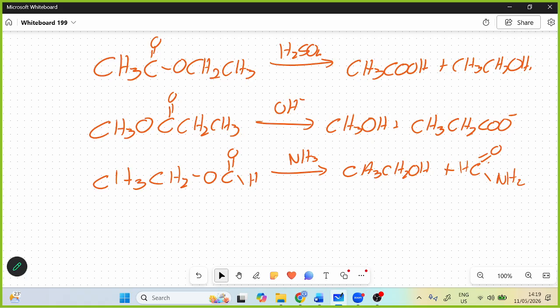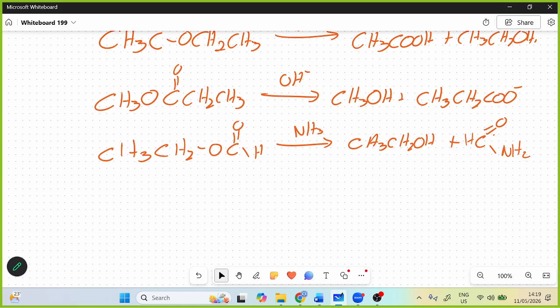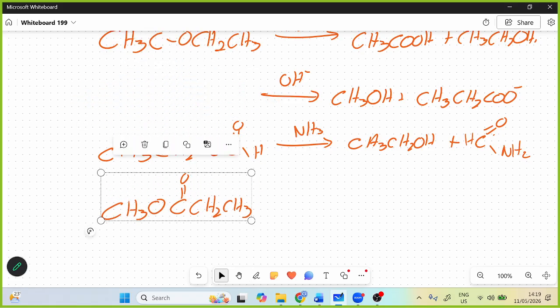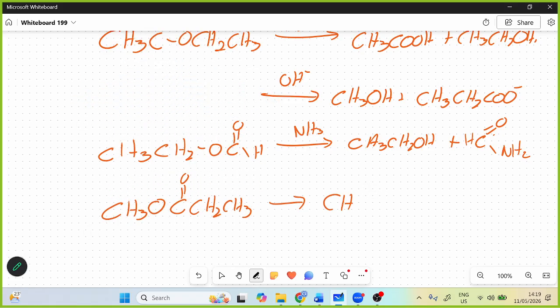Methyl ethanoate with lithium tetrahydridoaluminate will give the reduction. So this can also be reduced to give the two alcohols.